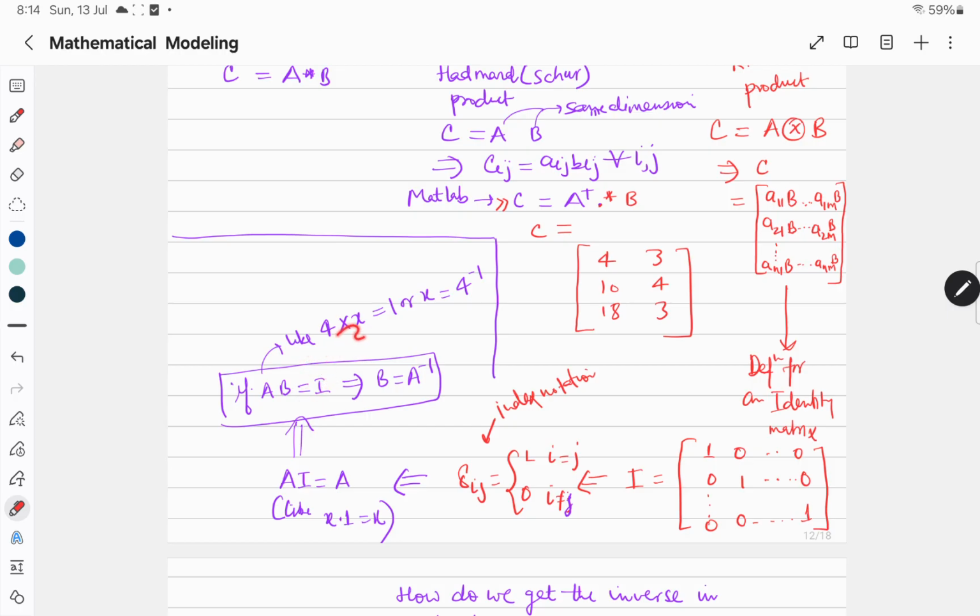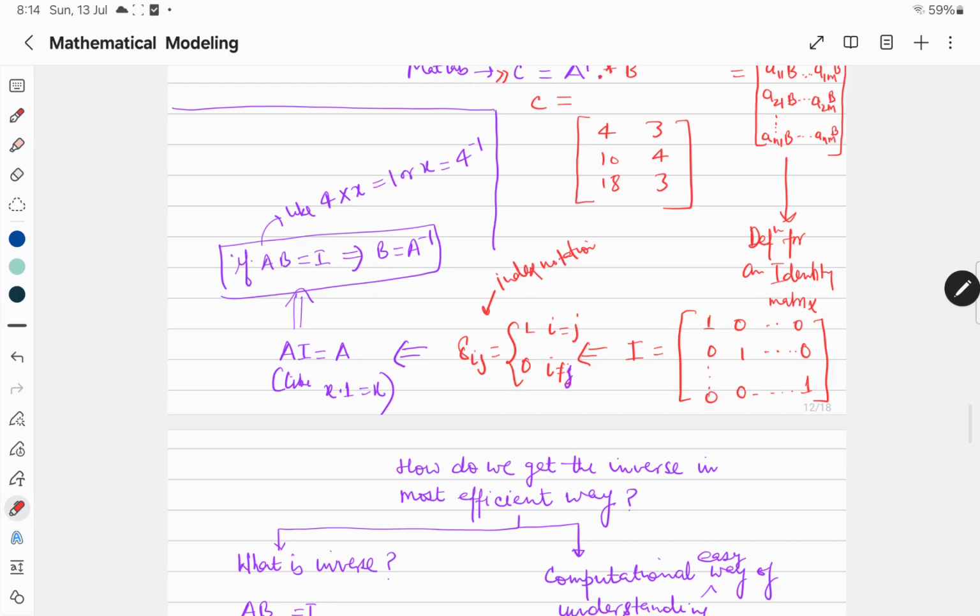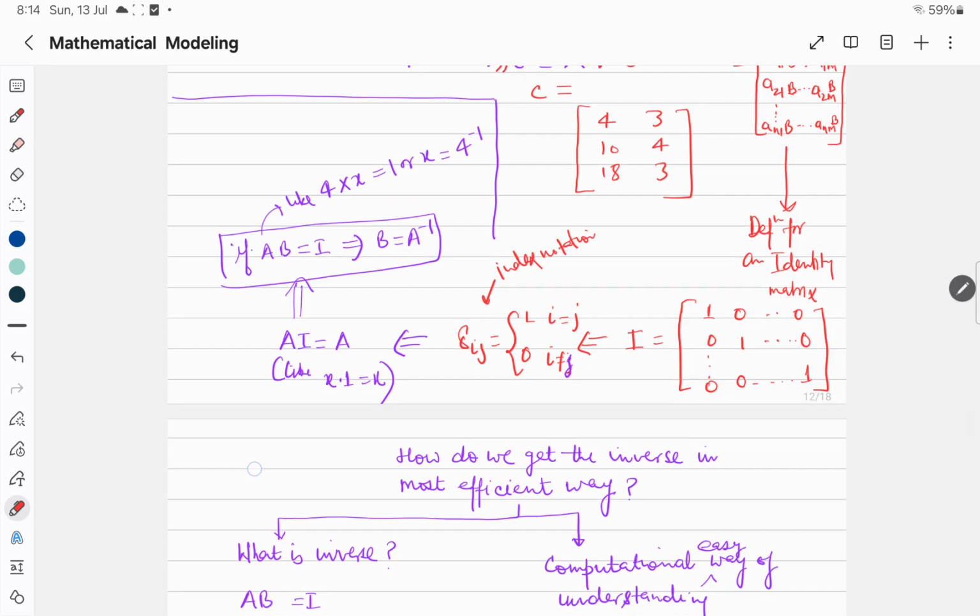This is similar to the scalar case: suppose you multiply 4 by x equal to 1, so x is equal to 4 inverse. This is the scalar counterpart. So this is very similar to division, and you can think of it like that.